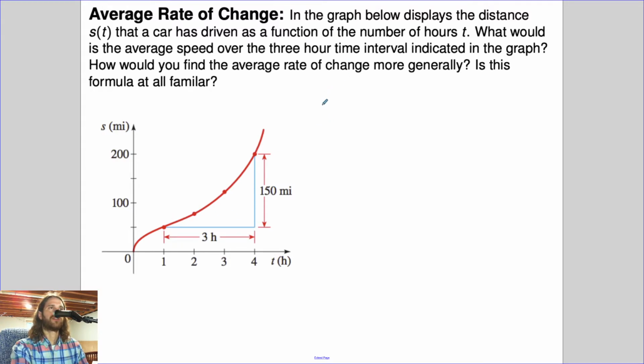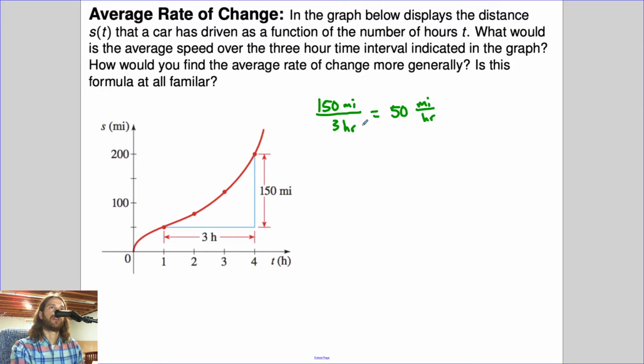So if it's driven 150 miles in 3 hours, we know that as a whole, on average throughout that time period, it's driven 150 divided by 3 is 50 miles every 1 hour, right?